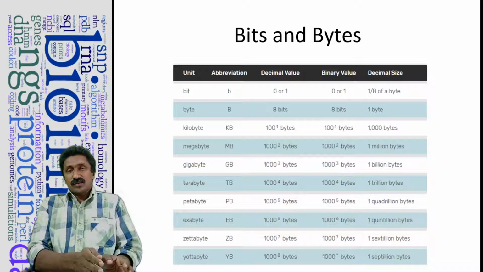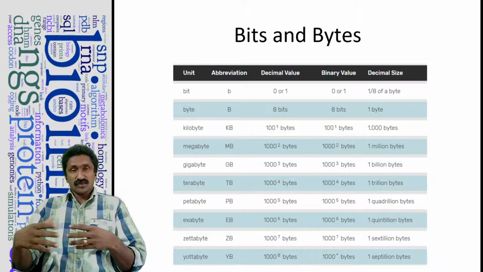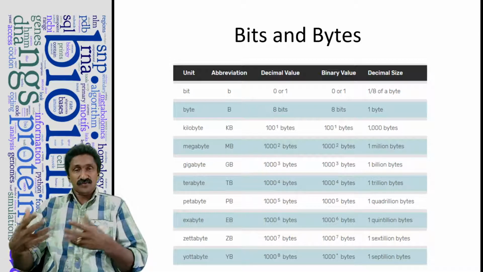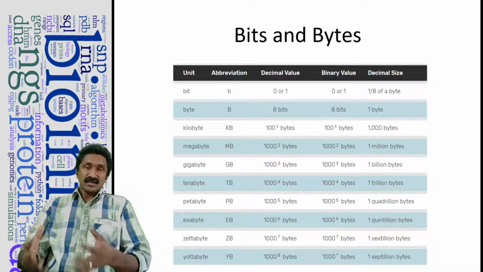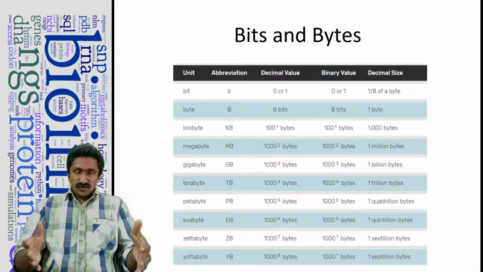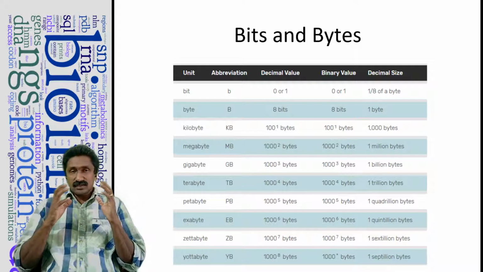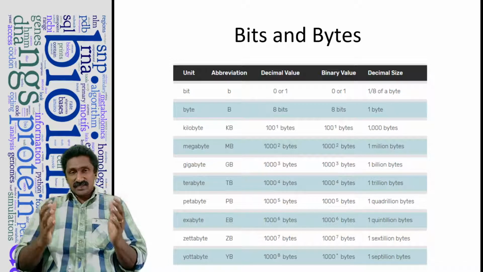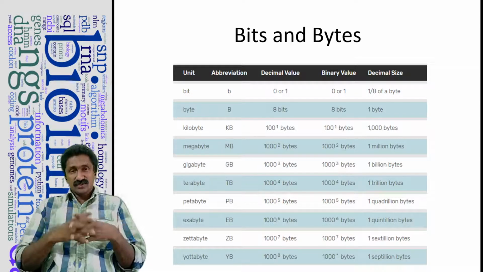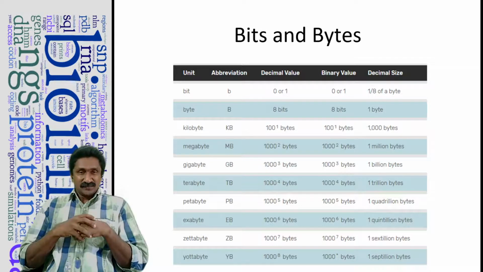And now we have mobile systems with hundreds or 256 GB of storage capacity. That type of mobile devices are nowadays available. So within a short span of 20 to 23 years, the data storage capacity has increased that much, and that's also associated with the increase in the size of the data.